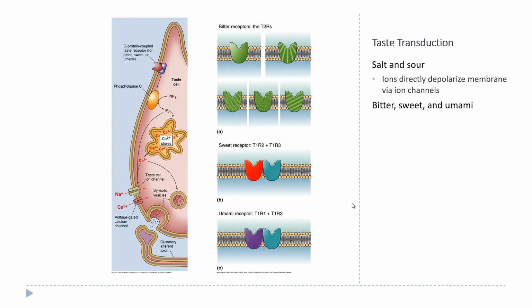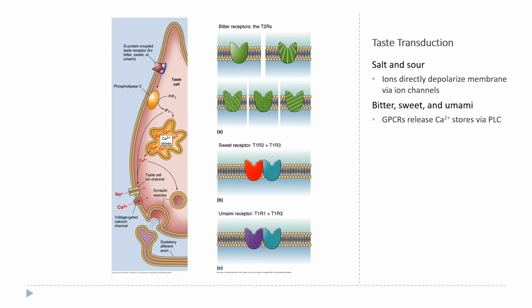We've talked all about G protein coupled receptors before in the context of synaptic transmission, and they work basically the same here. So you have a receptor in the membrane, which is coupled to a G protein, which is inside the cell. Each of those types of tastants has a different type of receptor associated with it, but all three of them work through basically the same mechanism.